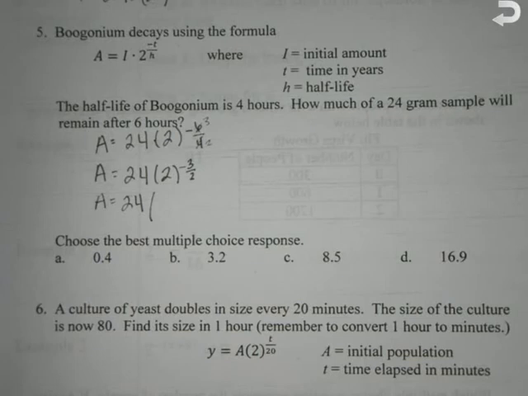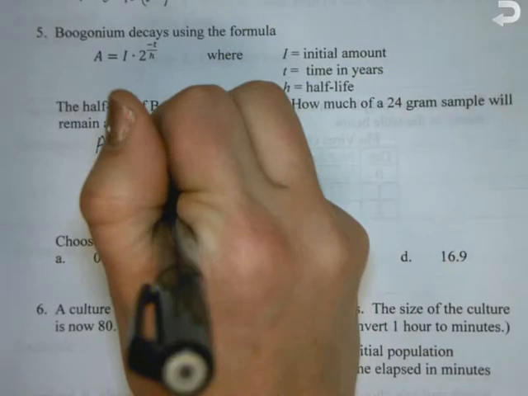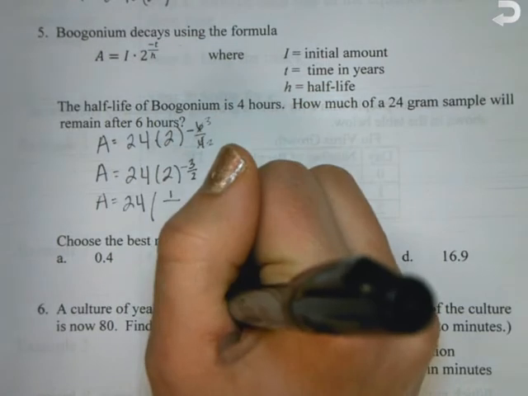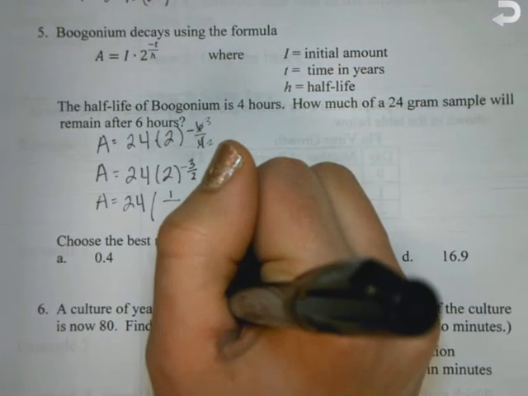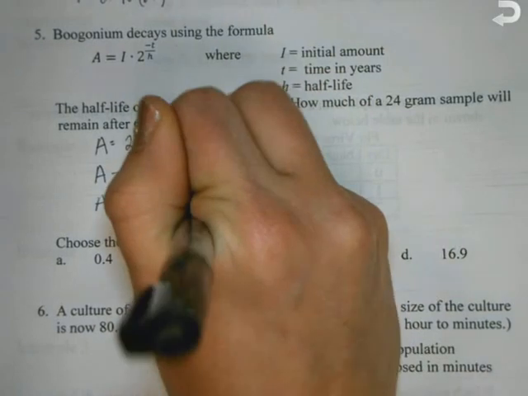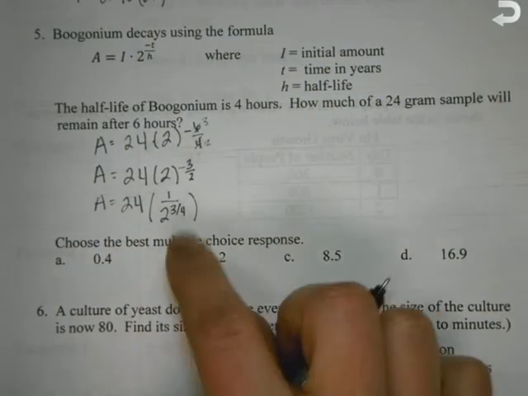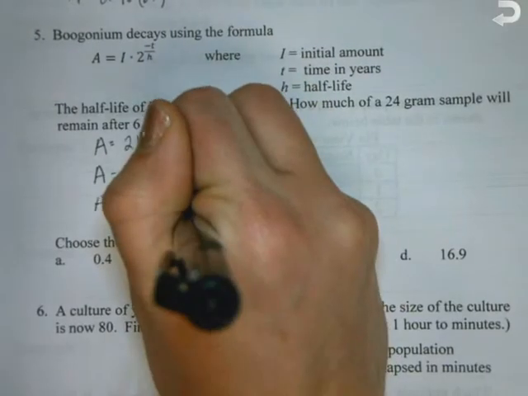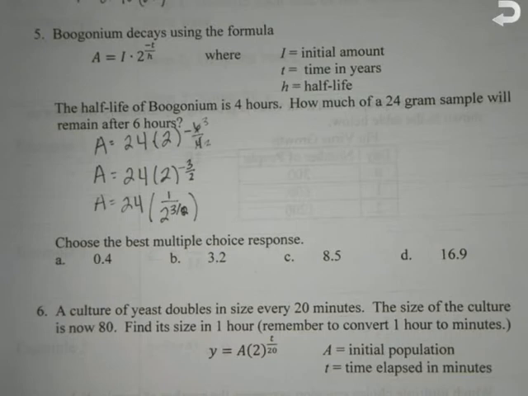It just goes down to the bottom. What's 3 divided by 2? Okay, 3 divided by 2 is the same as 1.5, right? Okay, so this is the same as 24 times 1 over 2 to the 1.5.